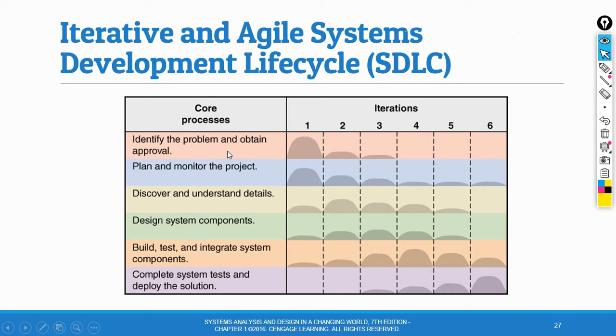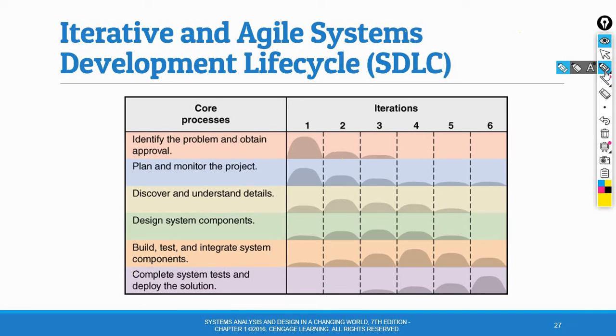At the end of each iteration, a working part of the system is completed and evaluated. The rounded amounts inside the graph represent the relative amount of effort for that core process during that iteration.